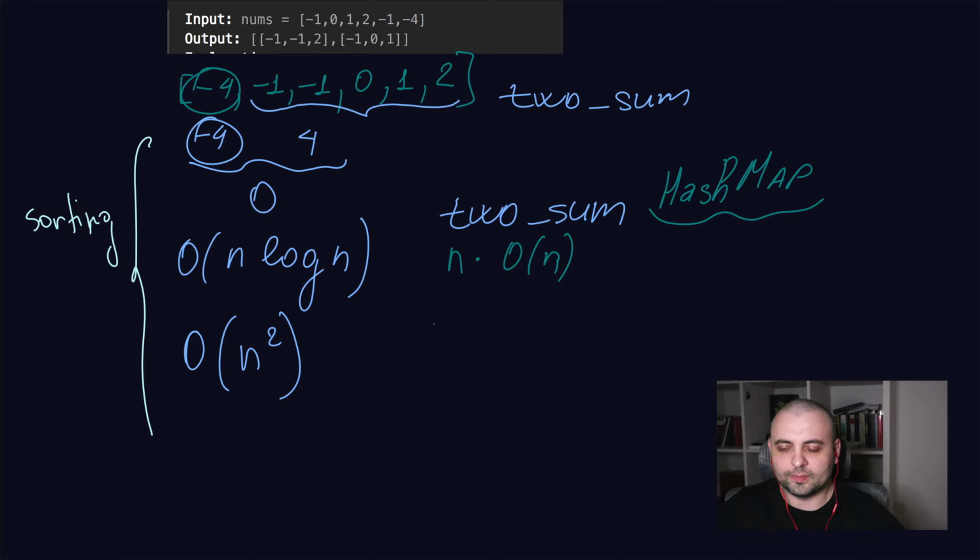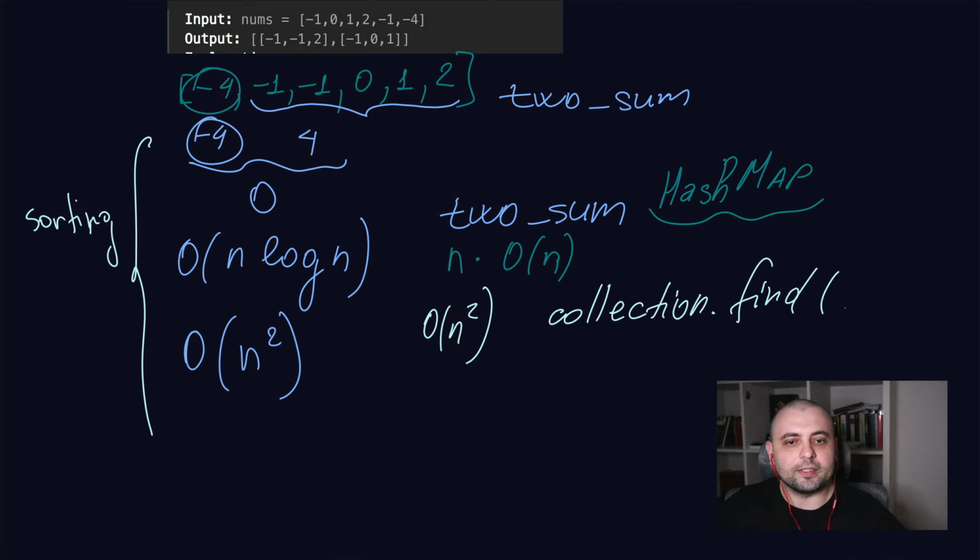We have just a small amount of data, so we don't care. They just use collection.find, and they do their search, getting the result, which will be big O of n, instead of storing that collection in a hash map and getting the result in constant time.